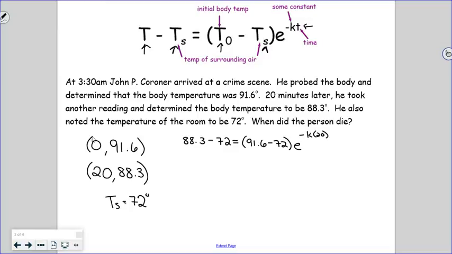And again, we picked time equals 20 because that's where we've got the 88.3 from. Any questions as to what I'm doing so far? So we're going to find K so we can eventually go back and find the temperature at any time, right? And or work our way backwards to when that temperature would have been for a normal body. So let's talk about our algebra here. 88.3 minus 72, what is that?